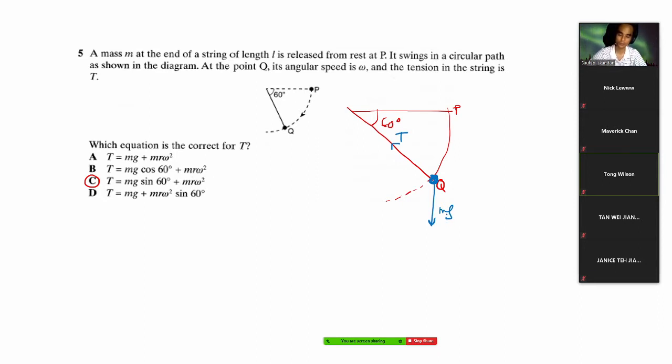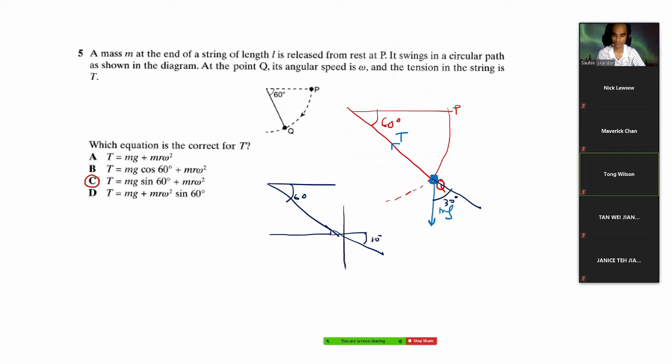So now we have to find the angle. How much is the angle over here? At this side, it will be 30 degrees. How did we get 30 degrees? This is 60, and this one also will be 60.